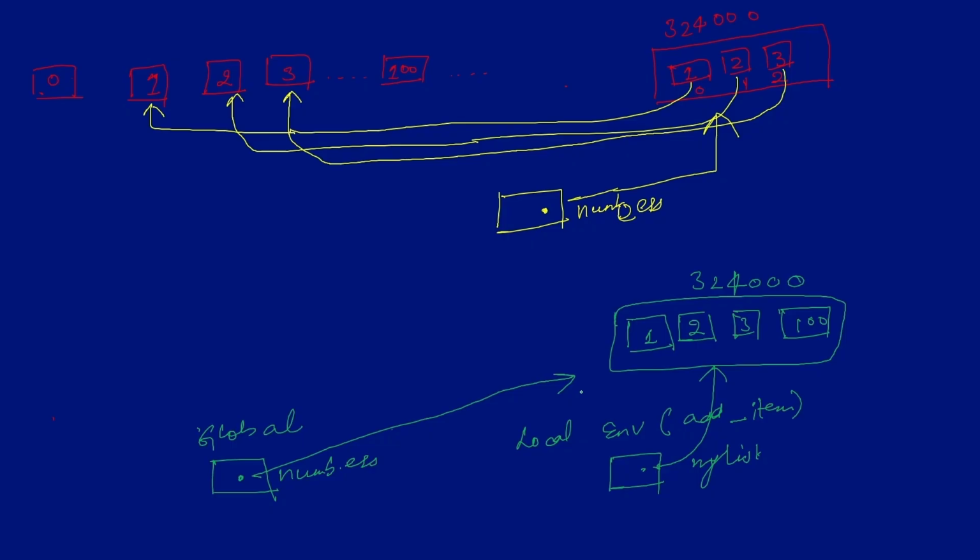Since list was a mutable type of object, we saw that the changes inside the local scope are also reflected in the global variable. And in case of immutable, that change is not visible. That value is not changed because it is referring to the memory address. So I hope this is clear now.